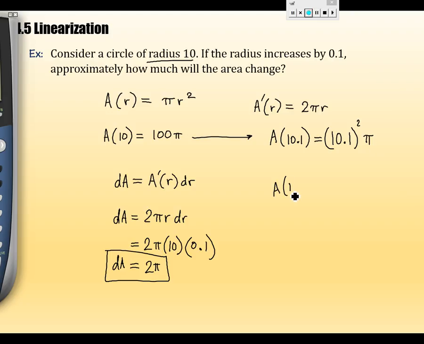I'm just curious what the actual difference is and whether it's anywhere near 6.28. Someone tell me what that is. Is it close to 6.28? 6.31, yeah. Not too bad.